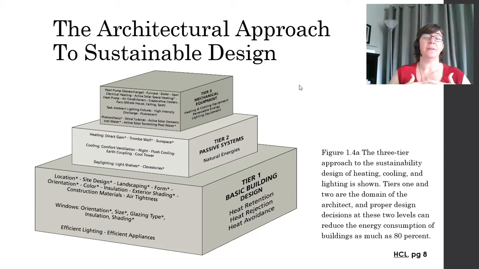But as an architect, we're going to have the most influence in tier one, the basic building design, and by things like building location, orientation, basic building elements such as the windows and the walls, we can have enormous effects. And the decisions that are made early in the design process tend to be the ones that have the most impact over the life of the building.